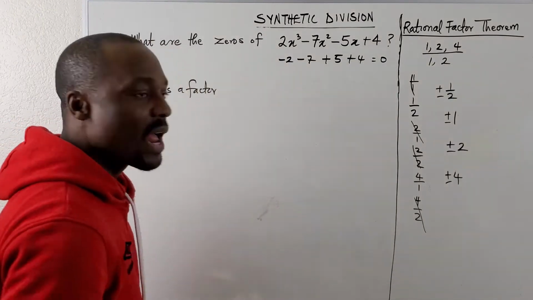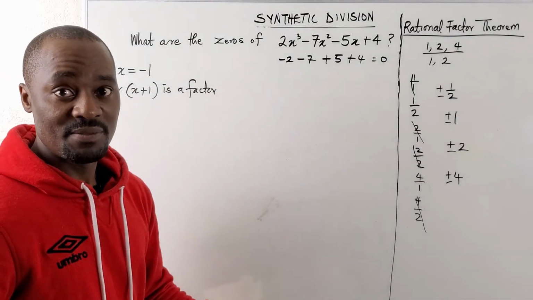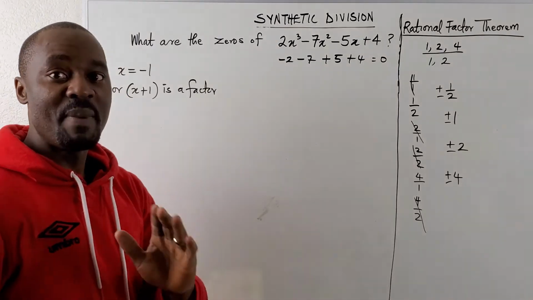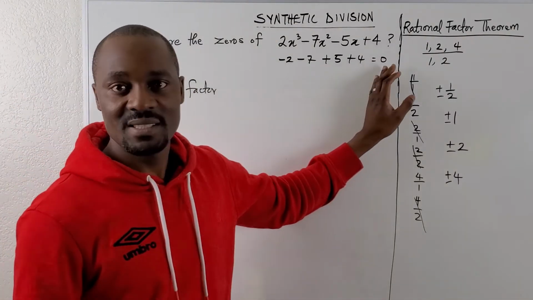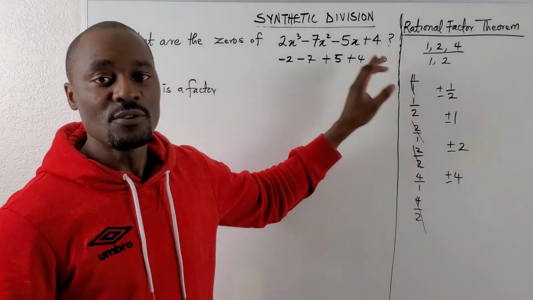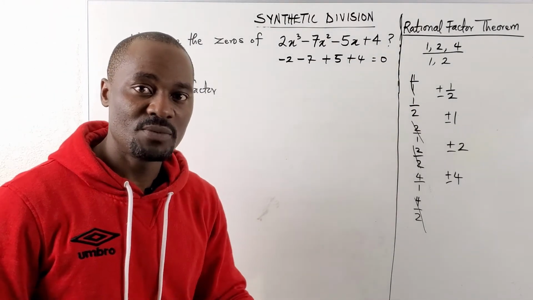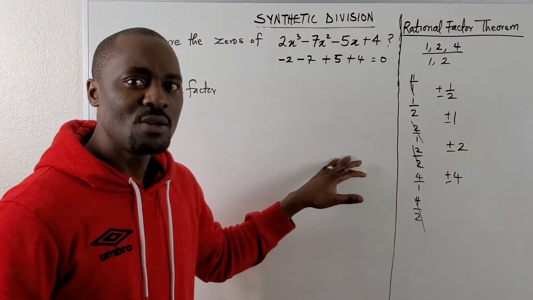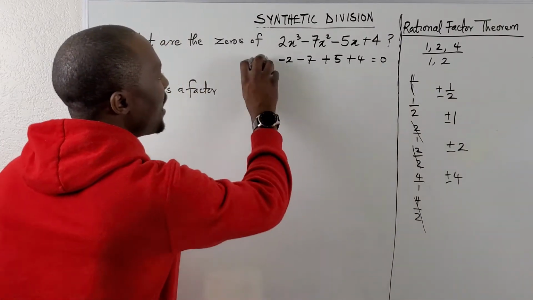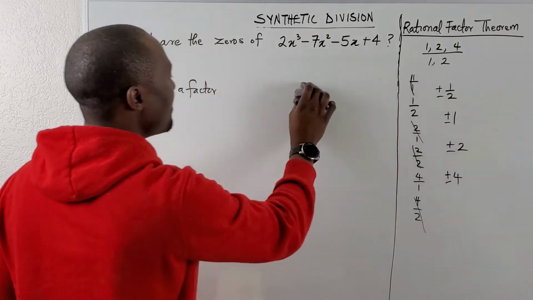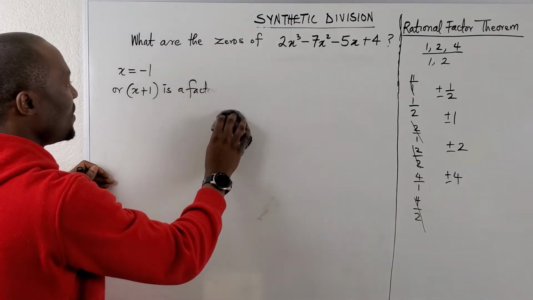So let's do that. And how will we do it? Synthetic division. We've used the remainder theorem with x equals negative 1 to test that it's actually a factor. So now that we know we're going to get a remainder of 0, we need to know what the quotient will be so we can factor that too.